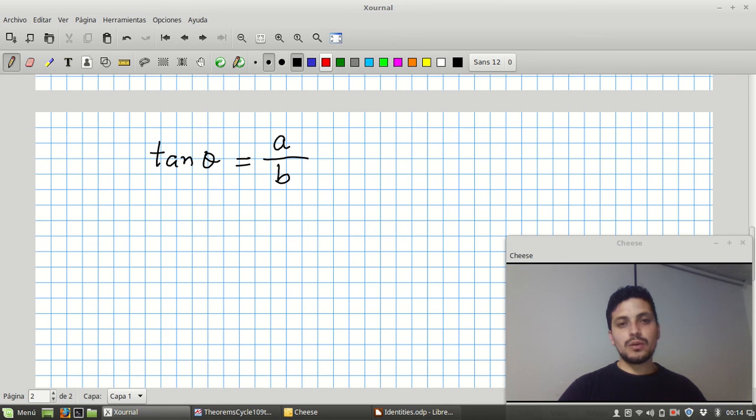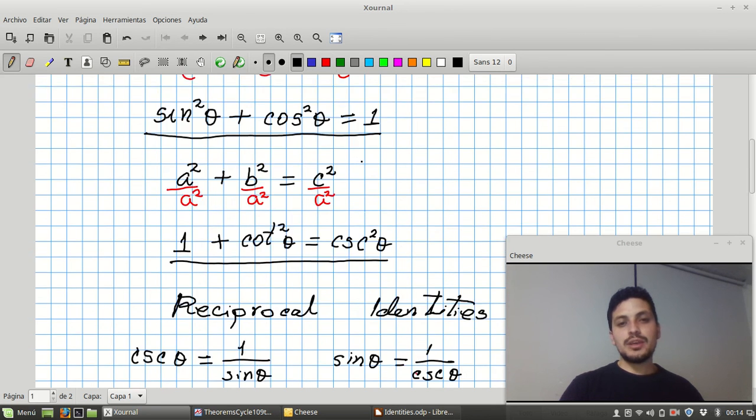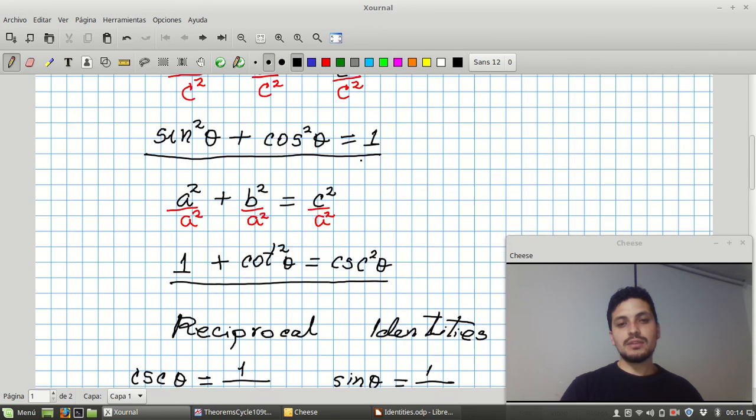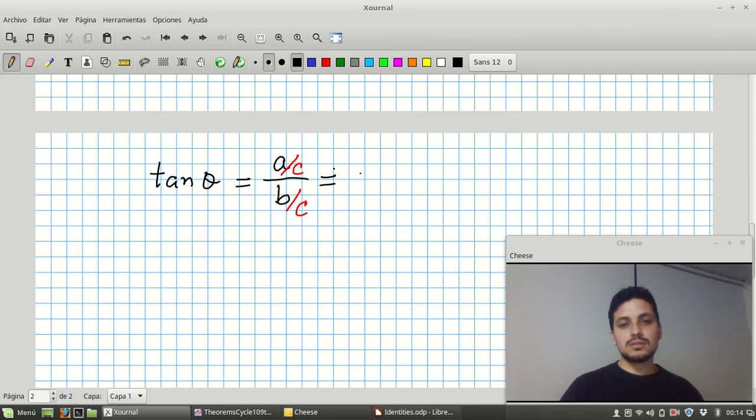So now what I'm going to do is something so simple. I'm going to divide both numerator and denominator by the hypotenuse C. And what's going to happen if I divide A and B by the hypotenuse? A over C, as we see here, is sine of the angle.